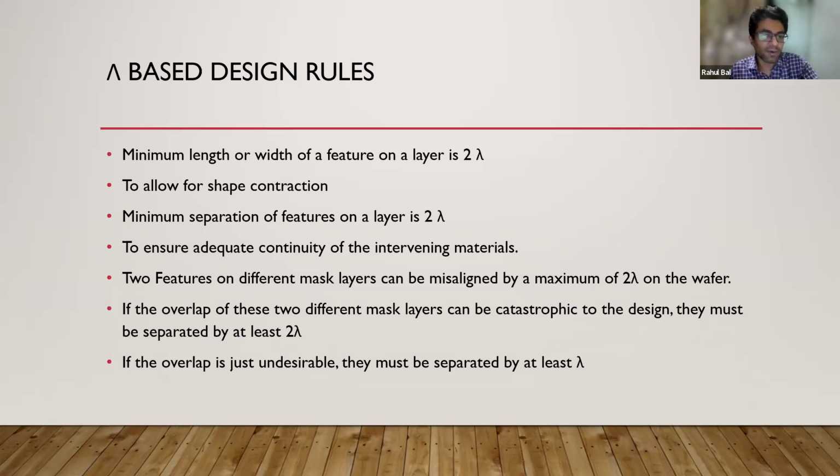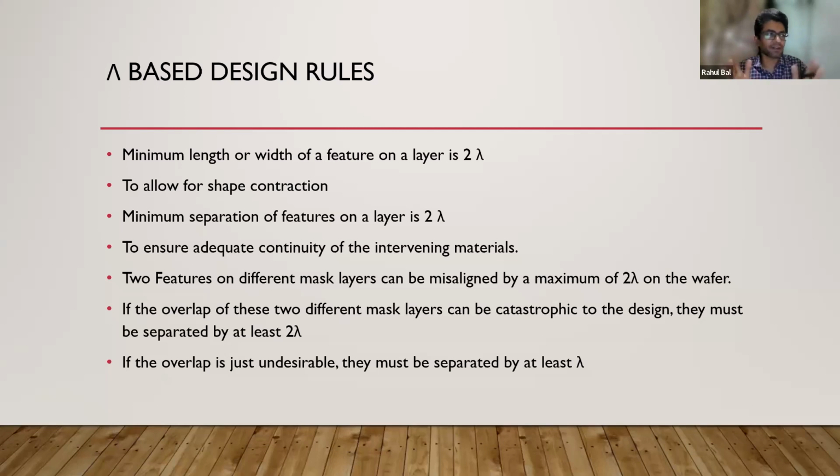Then if the overlap of two different mask layers can be catastrophic to the design, they must be separated by at least 2 lambda. What is the meaning of this? If there is an overlapping between two mask layers, the distance between the two components or features on those two different mask layers should be at least 2 lambda.